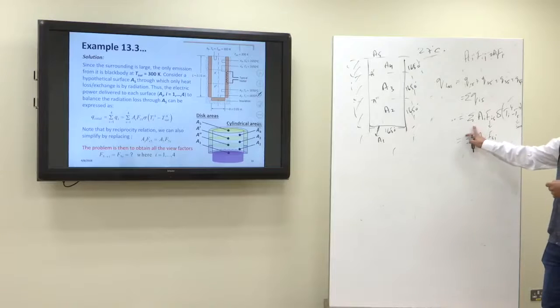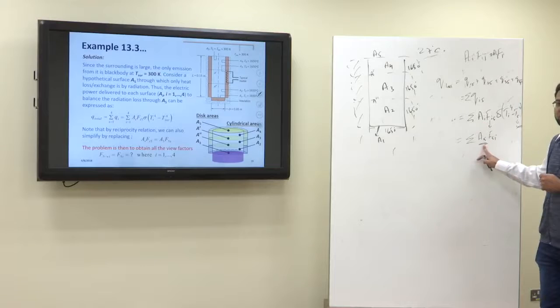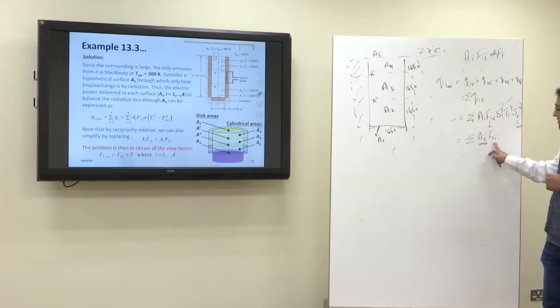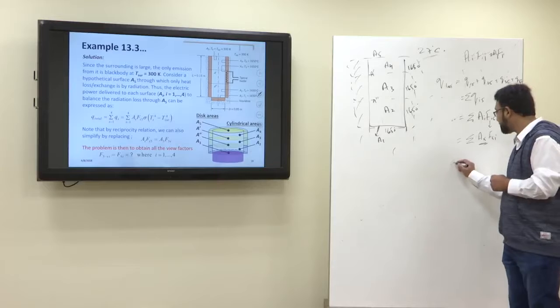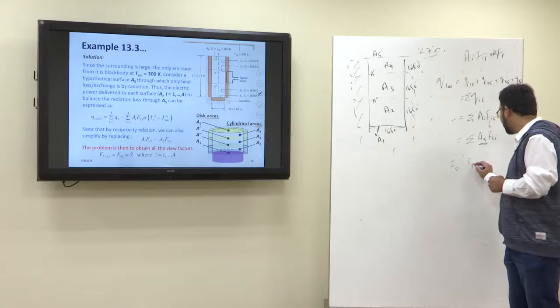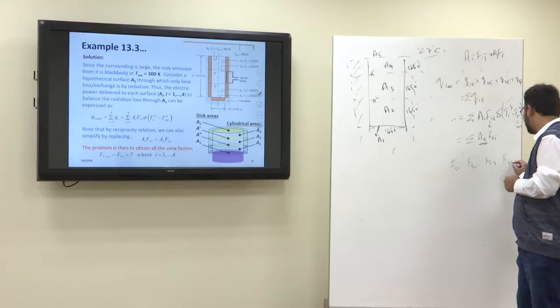Every time the area will not be changing. It's a summation. Previously I was using A1, then A2, then A3, then A4, then A5. Now it's just A5 I will use here. The factors will be, instead of I5, I will use 5i. So now the factors I need to find are F51, F52, F53, F54.